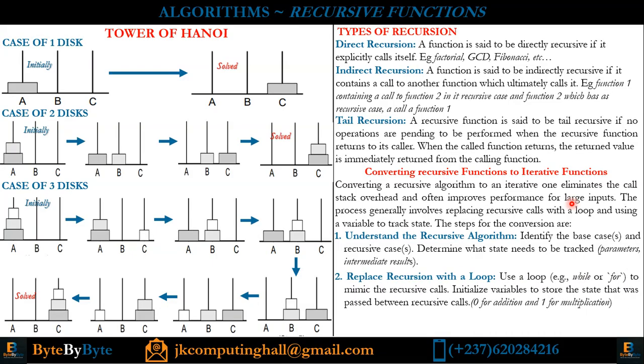Secondly, replace recursion with a loop. Use a loop, e.g. while or for, to mimic the recursive calls. Initialize variables to store the state that was passed between recursive calls, 0 for addition and 1 for multiplication. Remember when we were doing loops, we saw such variables, how are they called? Accumulators. Perfect.